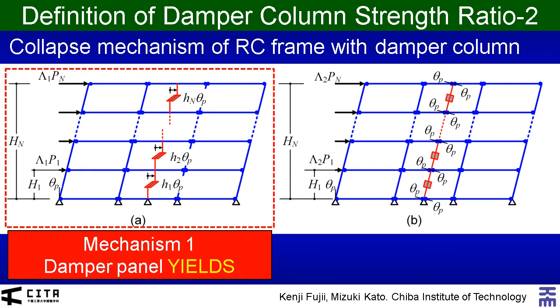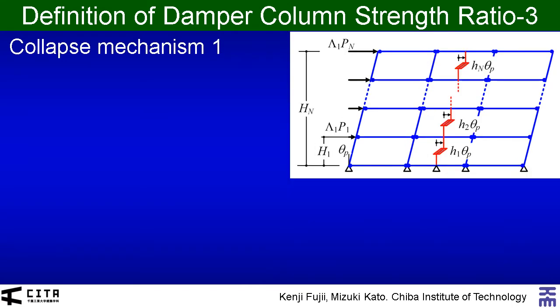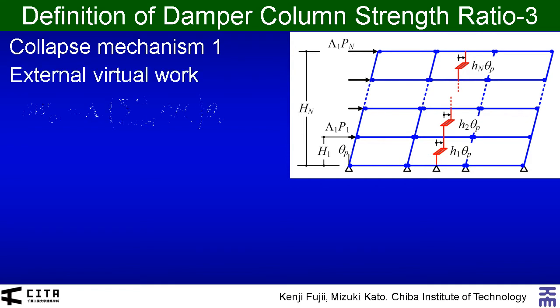For mechanism 1, all shear damper panels yield. However, for mechanism 2, no damper panel yields. We would like to analyze the collapse mechanism 1 first. Let large lambda 1 denote the collapse load factor for mechanism 1. The external virtual work is calculated as shown here.